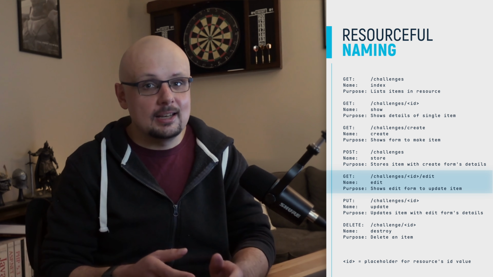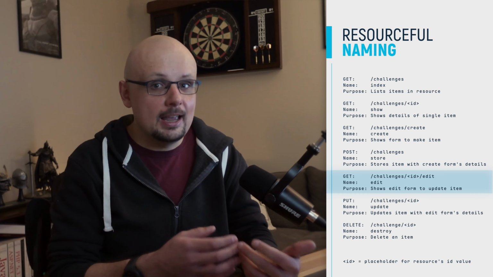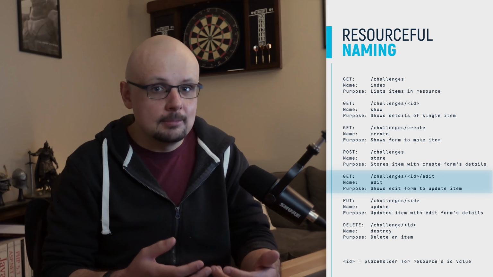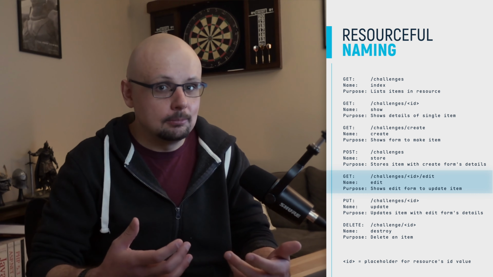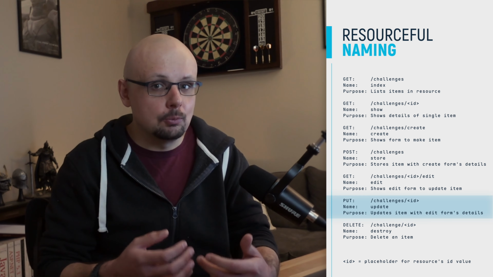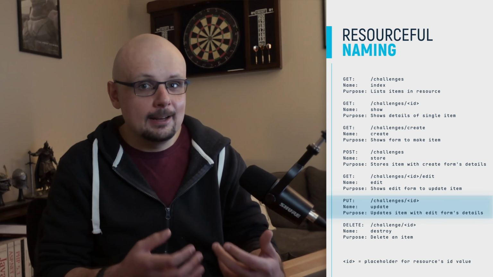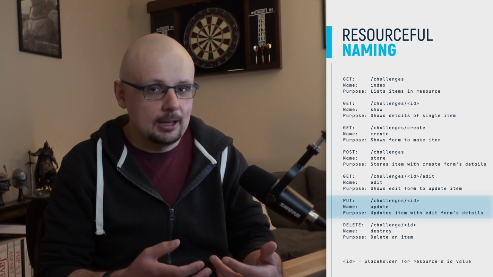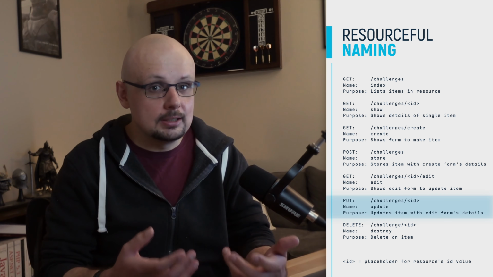Then we have GET /challenges/1/edit, which uses the name edit and renders a form to edit the item once created. For that, we also have a PUT of /challenges/1, which uses the name update and handles the form from that edit page to update the item with its new details.